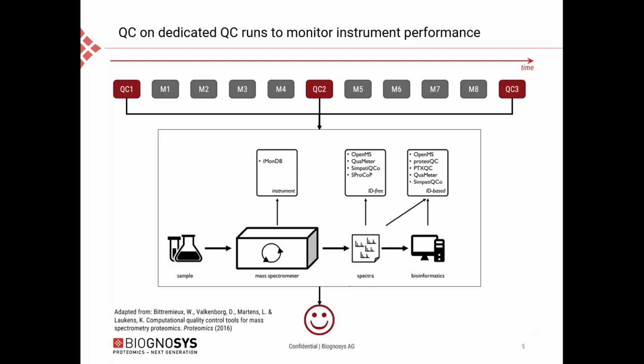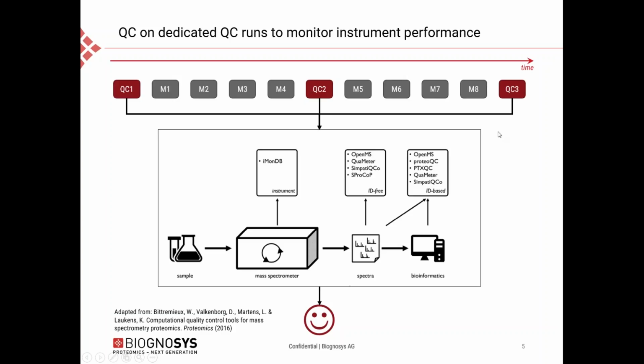Good QC can be done on different levels, and the first and most known level on which QC is done is when you're measuring an experiment. You generally have a quality control sample at the beginning of your acquisition. Then you have one in the middle and one at the end.